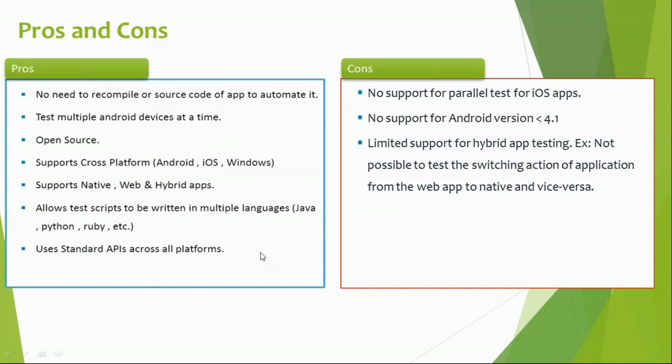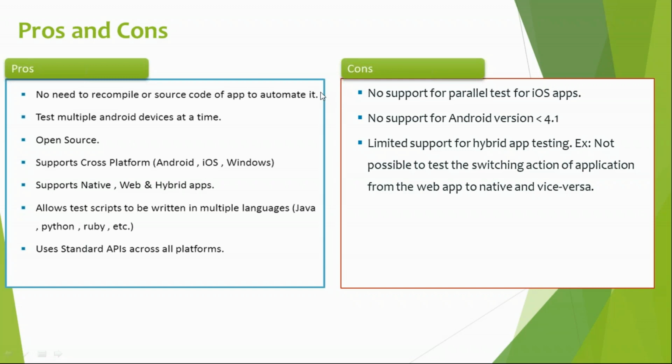This is the laptop or computer, not Windows Mobile. And it supports native, hybrid and web applications. So you can automate your native applications as well, change your settings with the Appium script, and you can automate your web applications.